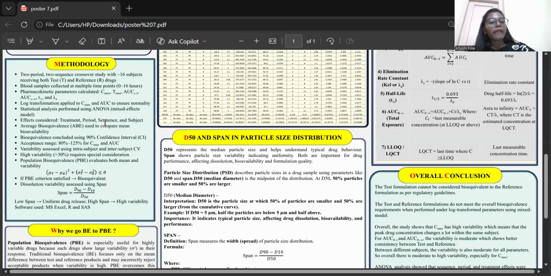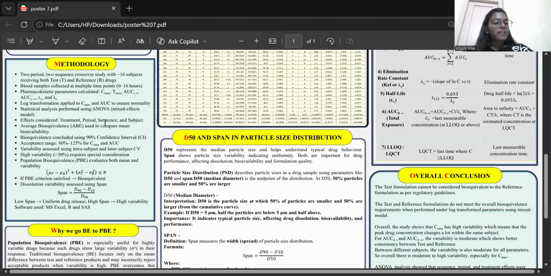Bioequivalence was concluded at a 90% confidence interval, that is, an acceptance range between 80 to 125% for Cmax and AUC. Variability was assessed using intrasubject and intersubject constant variance, and high variability can be defined when it is greater than 30%.